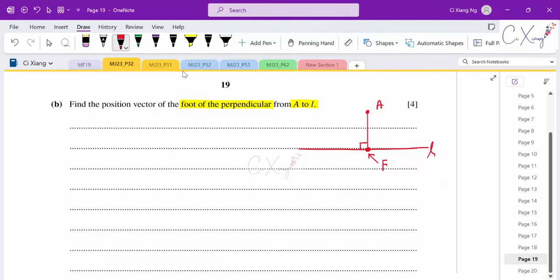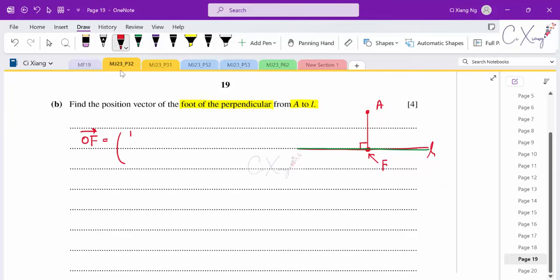Now they want us to find the coordinate or the position vector for this point, the foot of perpendicular. First of all, we need to know the position vector of OF. Because F is lying on the line L, the position vector for F is actually the equation of line L as well. So what's the equation for line L just now?